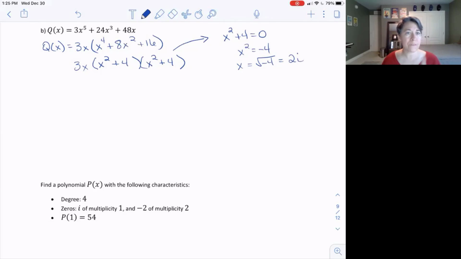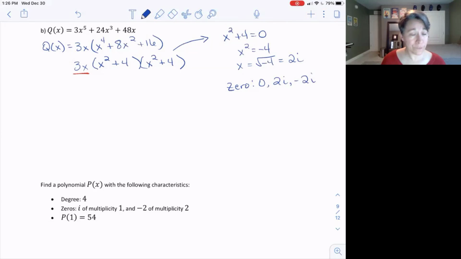And remember, if you get an imaginary zero, it's going to come in conjugates. So our zeros are of the form 0. That one comes from this GCF there because it has an x in it. Every factor that has an x has to be set equal to 0. And then the binomial x squared plus 4 gives us a positive 2i and a negative 2i.